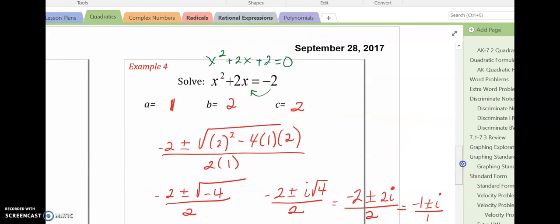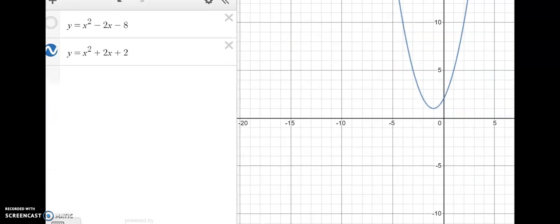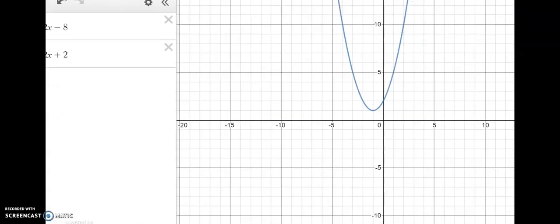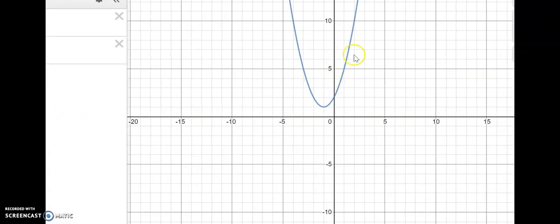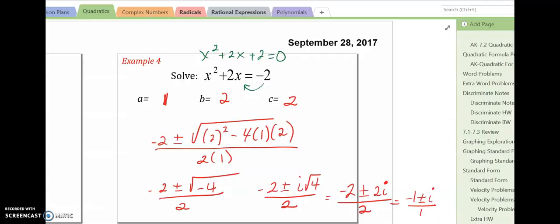What is unique about that is, let me get this, hold on. Go and type this on Desmos and show you x squared plus 2x plus 2 graphs this blue line. Well, if I'm asking you where it crosses the x-axis, it doesn't. So it depends how I ask the answer. If I just ask you for what would be the solutions, you could give me this answer.